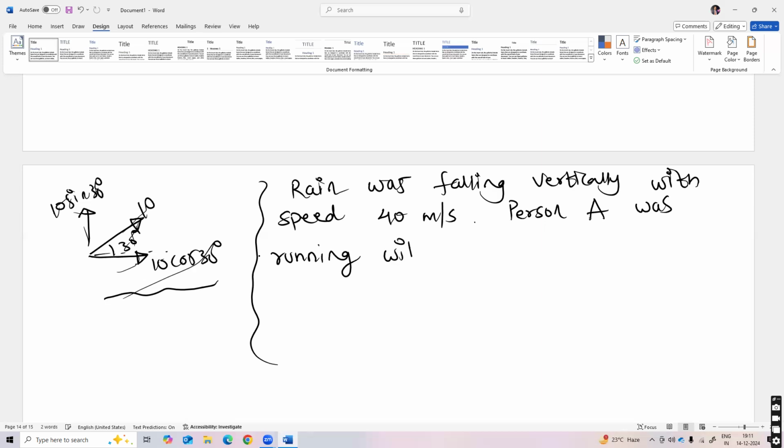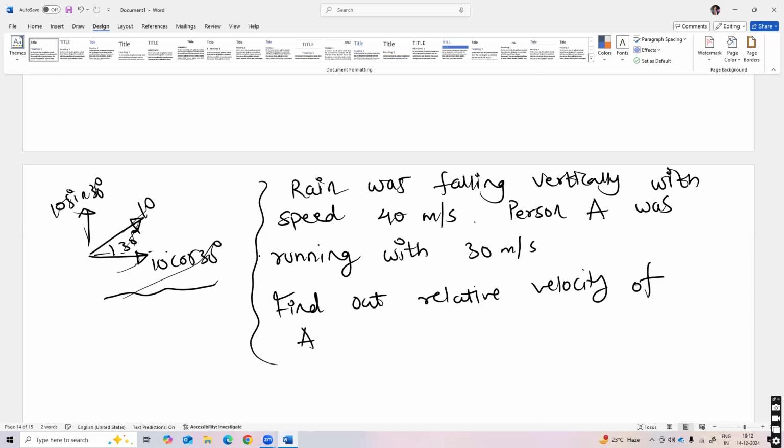Let's find the relative velocity of rain with respect to A.